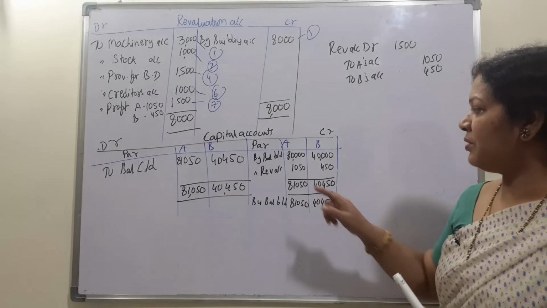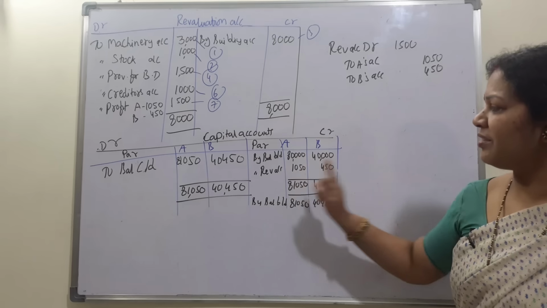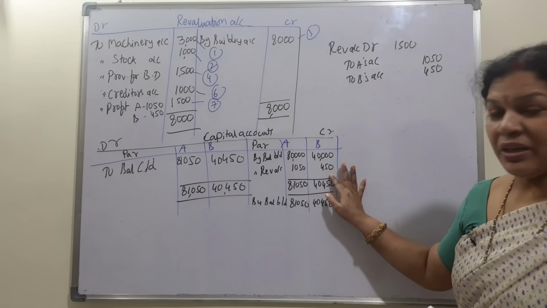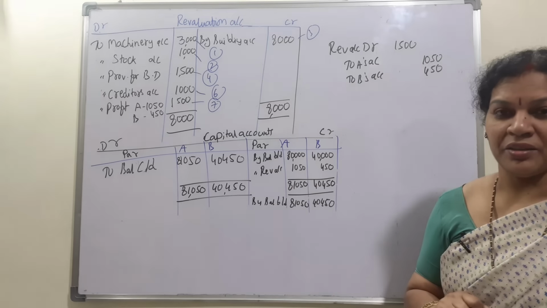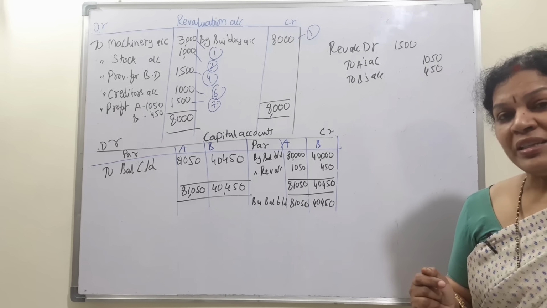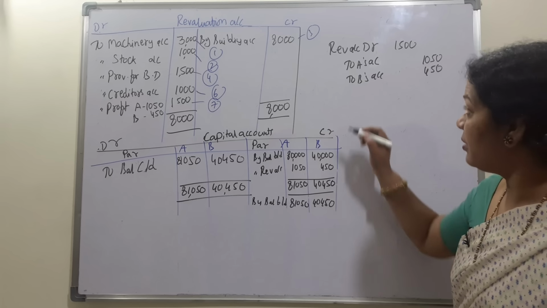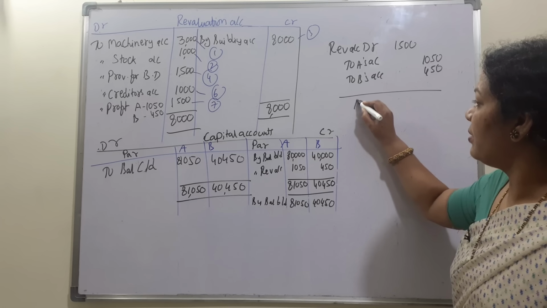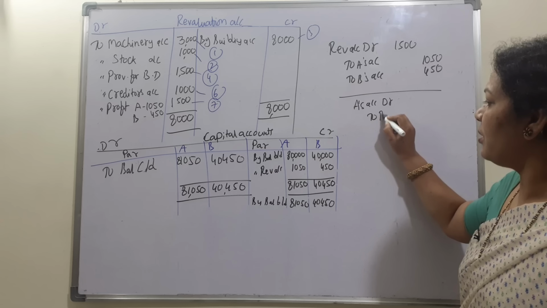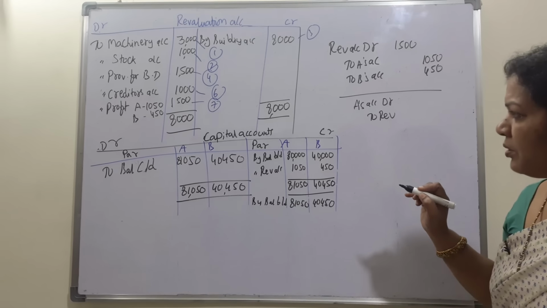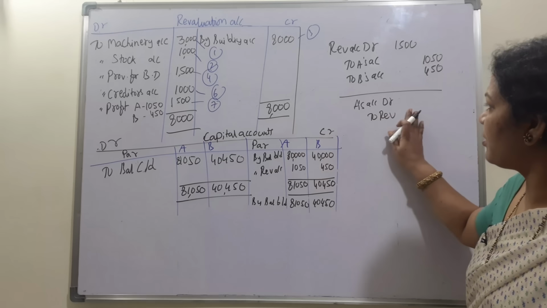Now what is left for profit? This we have already written, so it is coming from there, no? So you can write one entry for this. In capital account it is on the credit side. So A's account is here not debited, it's credited, no?